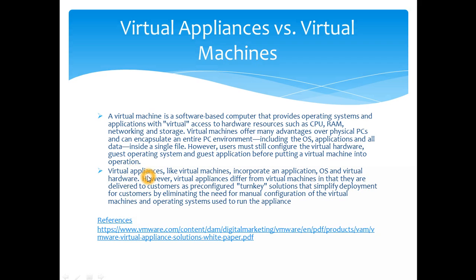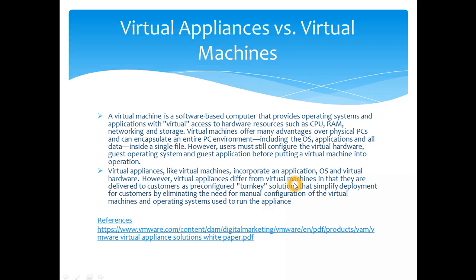So over here, when you compare to a virtual appliance, it does incorporate virtual hardware and OS, but the main purpose of it is that a virtual appliance differs from a virtual machine in that it is delivered to the customer as a custom build or a pre-configured piece of OS.